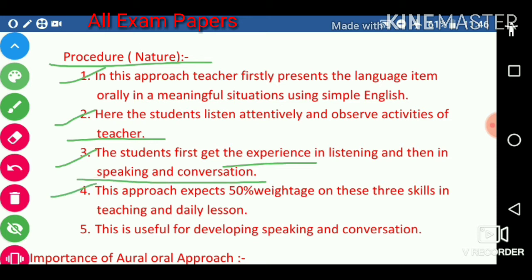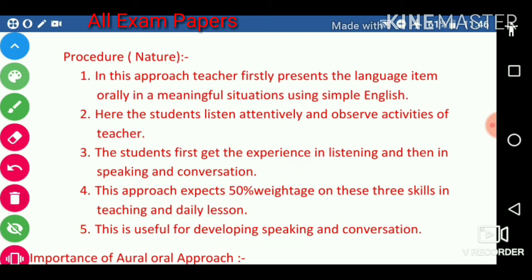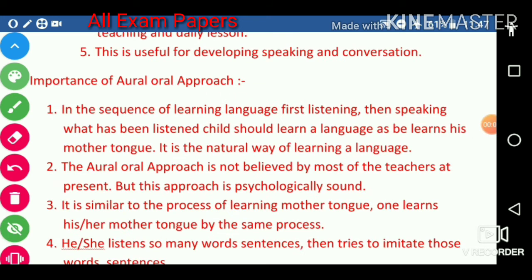Next, this approach expects 50% weightage on these three skills in teaching and daily lessons. Next, this is useful for developing speaking and conversation. Importance of oral approach.